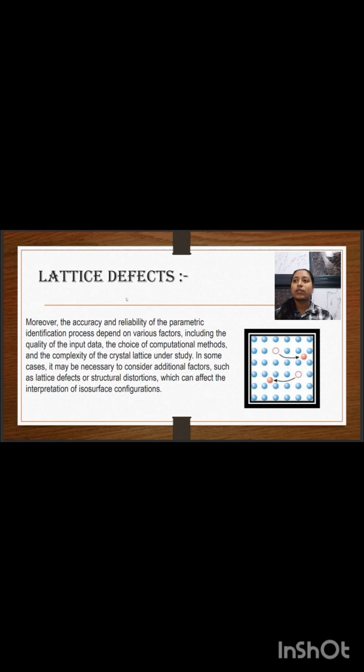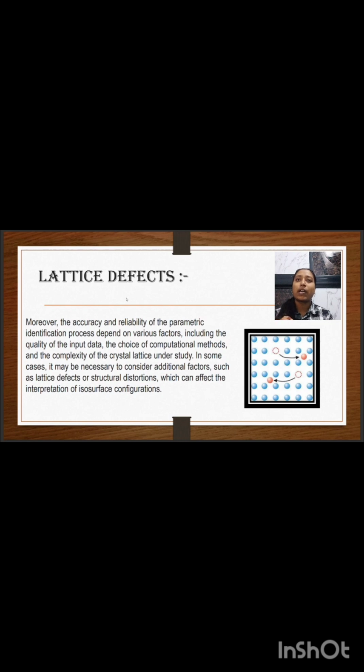As we can see in the diagram, we have some balls, like constant particles having the same shape and same size, and they form a crystal lattice.